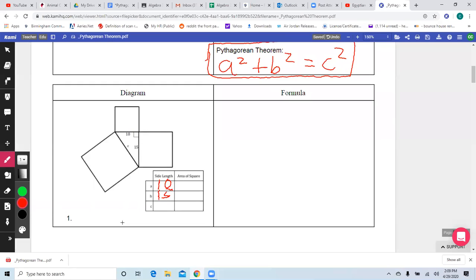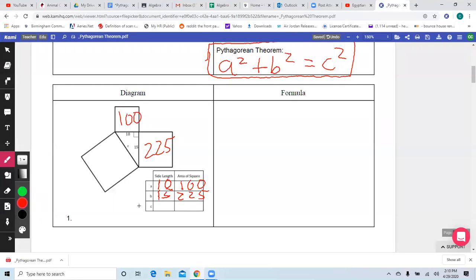So if I know that this is 10, I know that the area of this square is just 10 times 10, and that would be 100. 15 squared is 15 times 15. And if you do that on the calculator, that gives you 225. So this is 225.